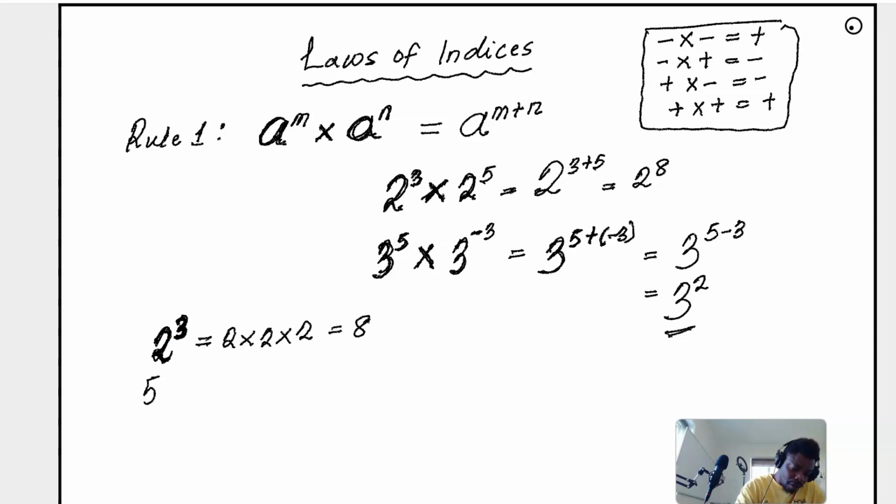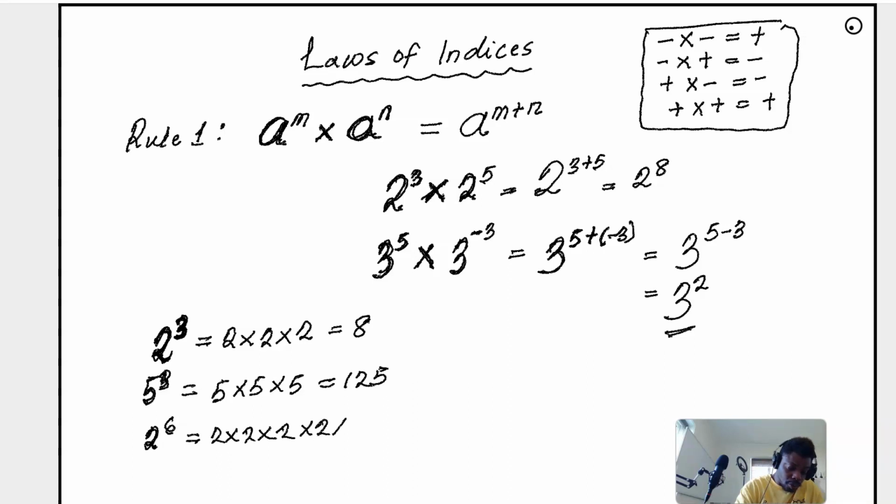If I have 5 raised to power 3, it simply means 5 multiplies itself 3 times, so 5 times 5 times 5. This is 125. If I have 2 raised to power 6, it simply means this 2 will multiply itself 6 times: 2 times 2 times 2 times 2 times 2 times 2.